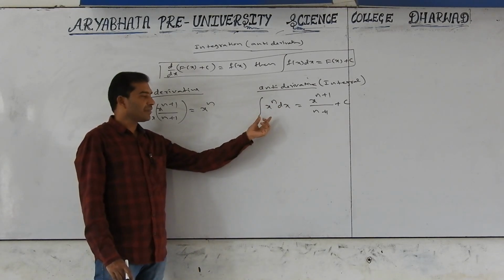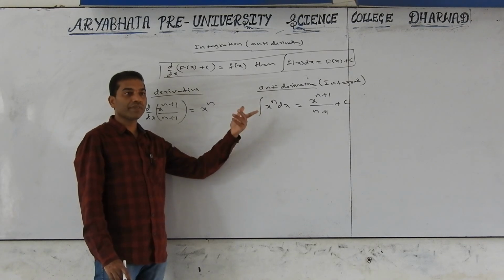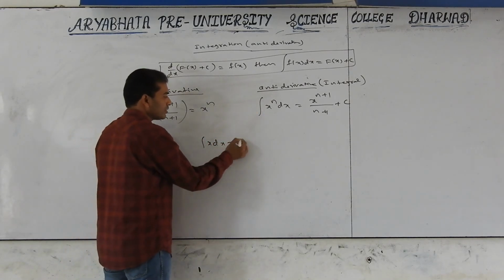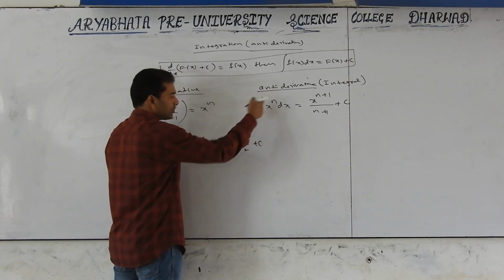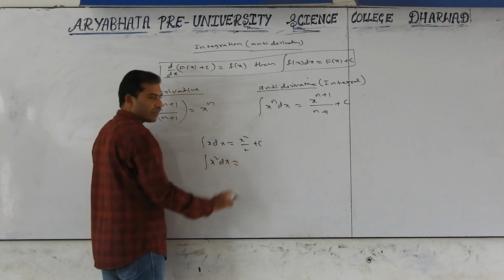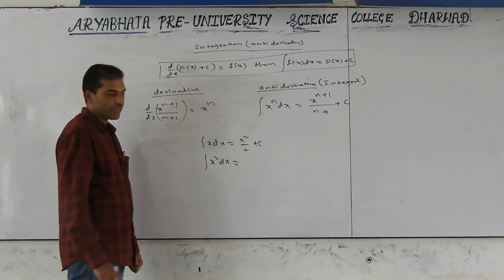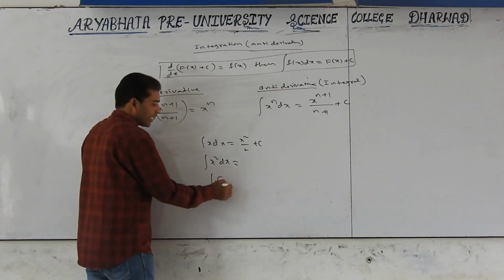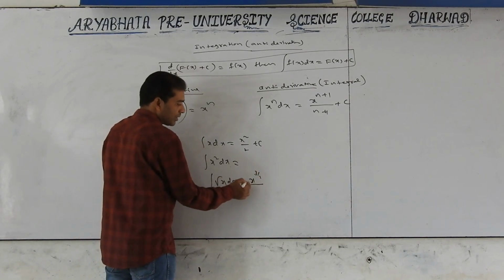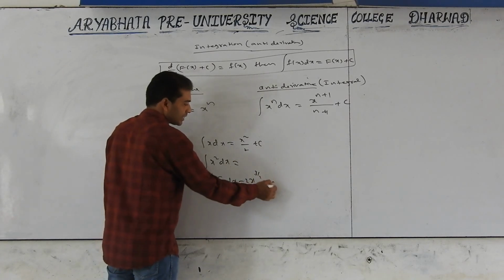Previous class, yesterday we have discussed from this the integration of x. What is integration of x? x squared by 2 plus c. Put n is equal to 1. Integration of x squared dx equal to x cube by 3. Integration of root x dx equal to x power 3 by 2 by 3 by 2, which means 2 by 3, plus c.